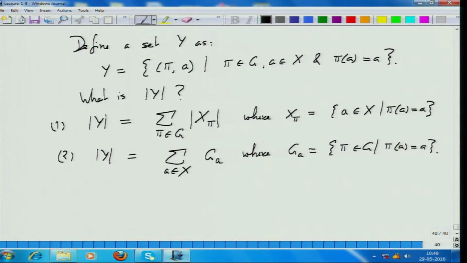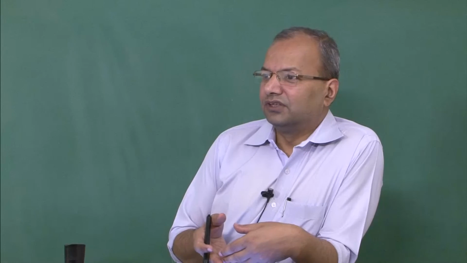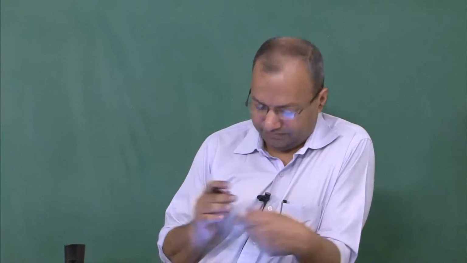You fix one A for each A in X, and you just count the number of pi's that map A to itself. That's a slightly different split of Y. Now I am splitting Y into subsets, one for each A in X, and then counting how many pi's map that A to itself. And clearly both of those summations give me the same number, which is the size of Y.